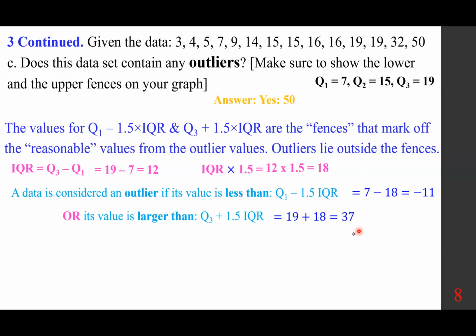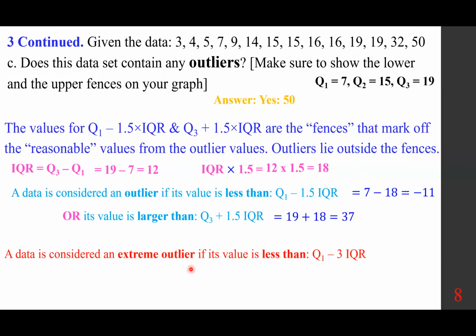Also, you have something called extreme outlier. Instead of 1.5, they use 3. So Q sub 1 minus 3 times IQR. I just wanted you to know that. So if you multiply the IQR by 3, you get 36.